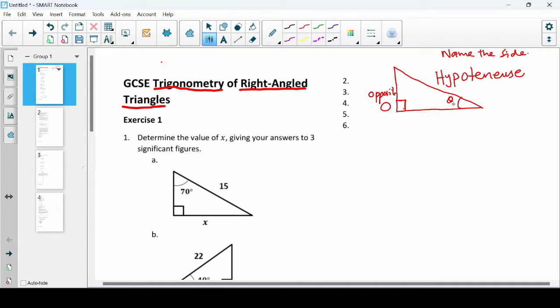And the side which is just adjacent to this angle theta is always called the adjacent side.